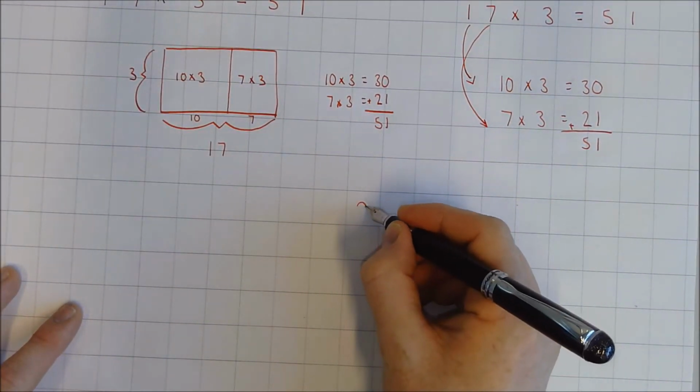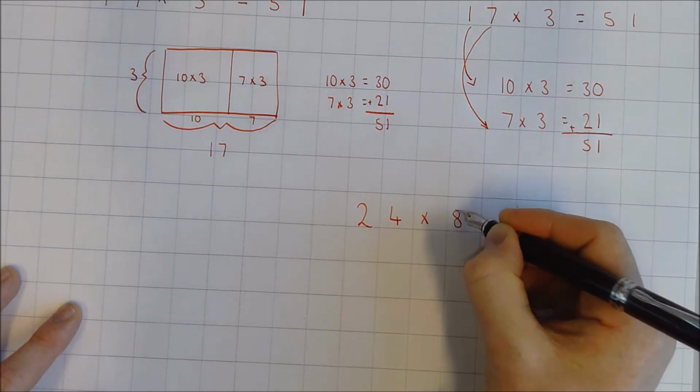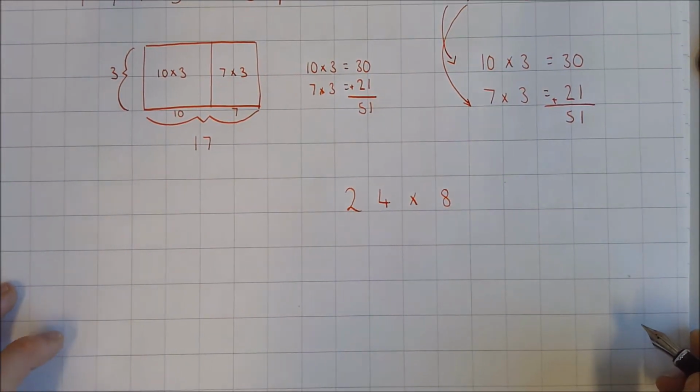How would you choose to partition 24 multiplied by 8? What would you do to make that easier and to allow you to do it mentally?